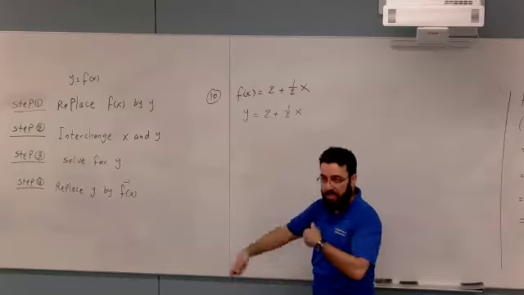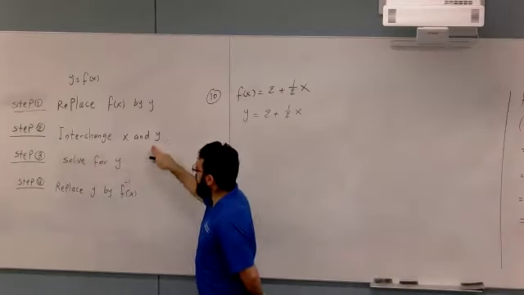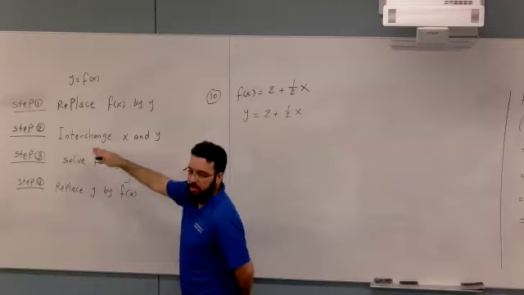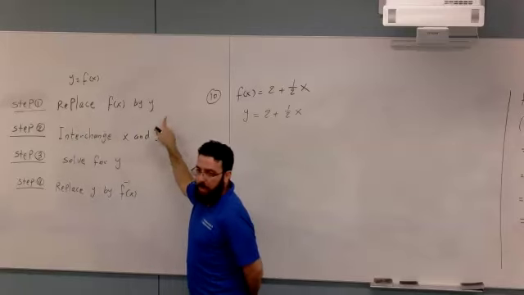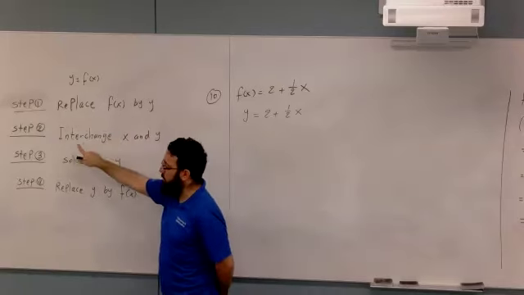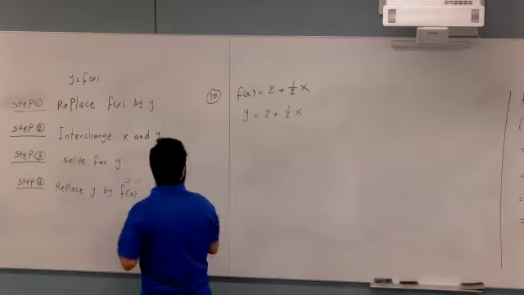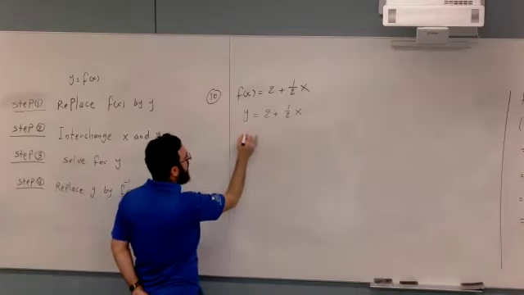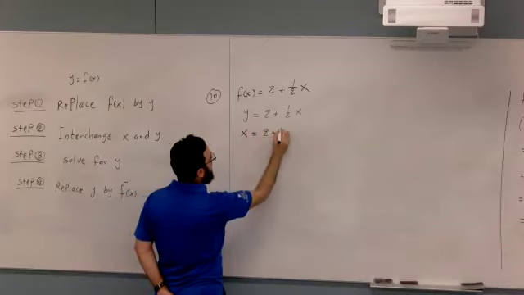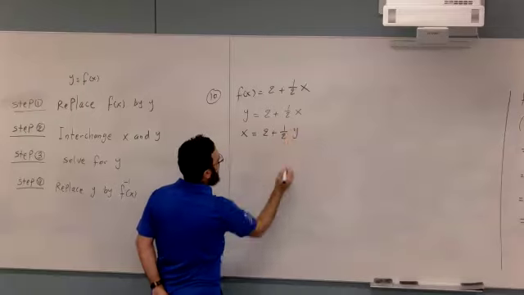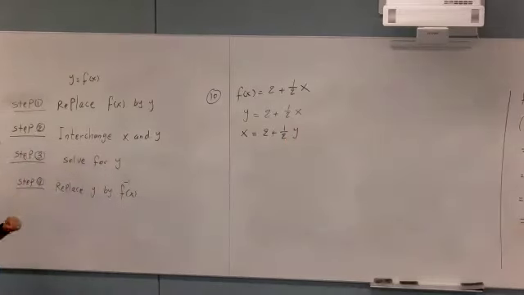So I'm gonna do the opposite relation. Interchange x and y. We replace f of x by y, and then we interchange x with y. So x is going to be 2 plus half y. This is step 2.